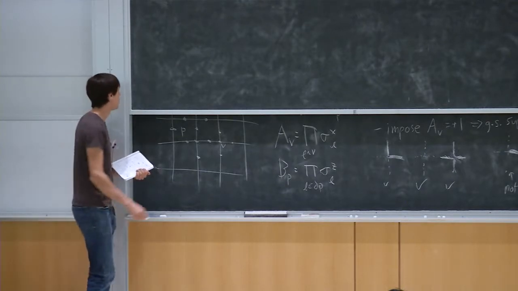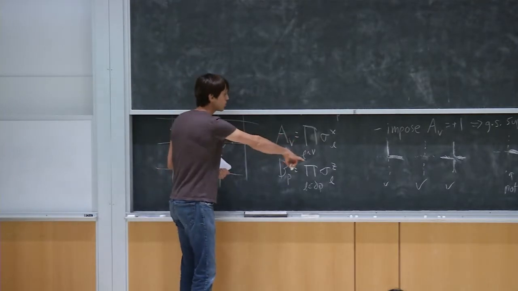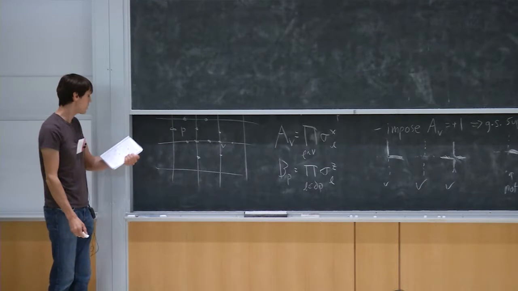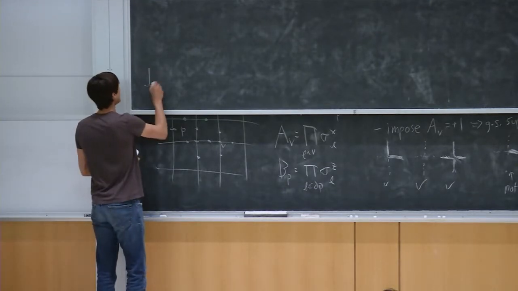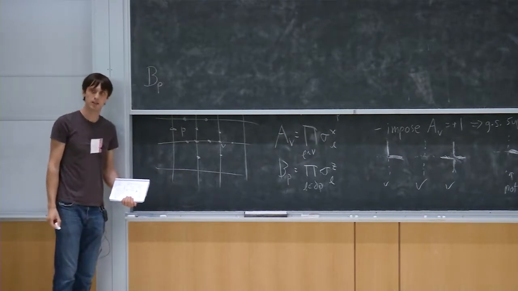So what does B do? B is not diagonal in this occupation basis, right? Because B involves sigma z, and sigma z is off diagonal if you work in terms of the sigma x basis. What B really does is flip spins.